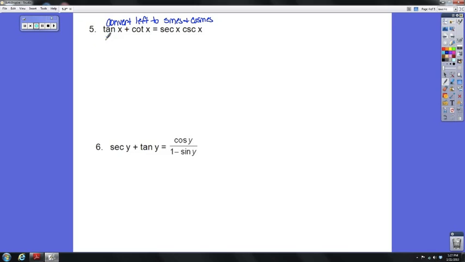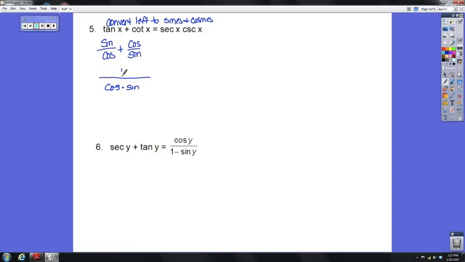Okay, so tangent is sine over cosine, and cotangent is cosine over sine. Now if I want to add these together, I need a common denominator. So let's do a little common denominator trick. My common denominator is going to be these two things multiplied together, which will be cosine times sine.